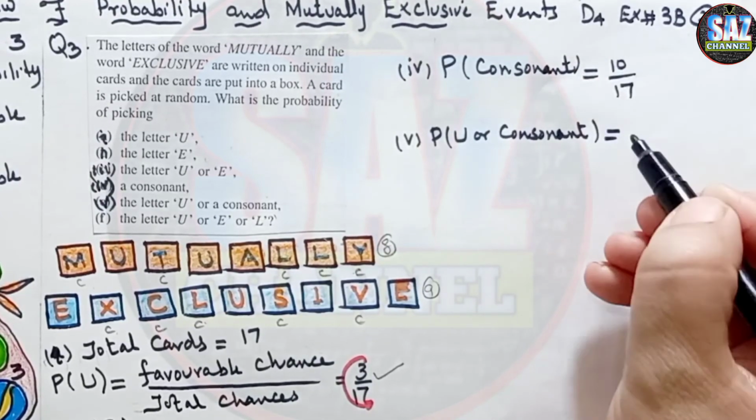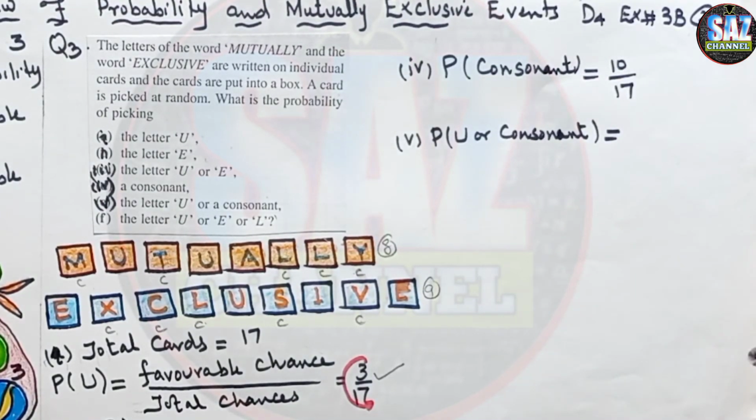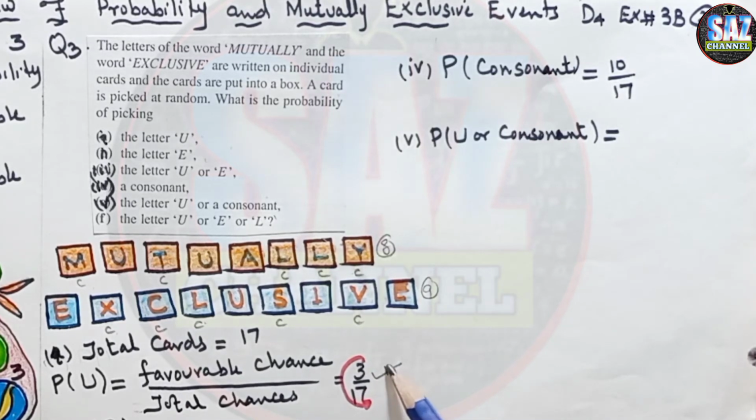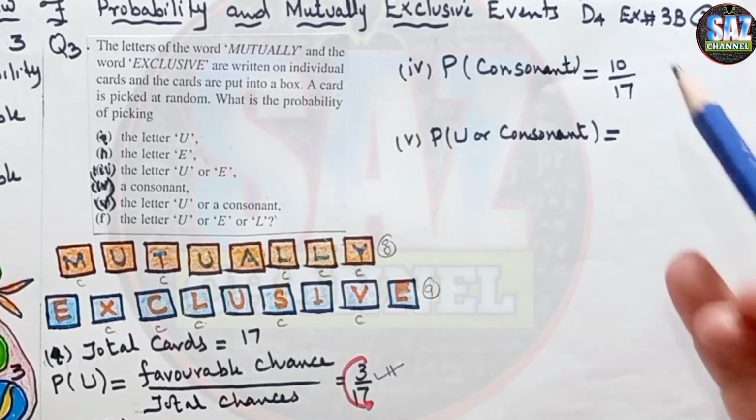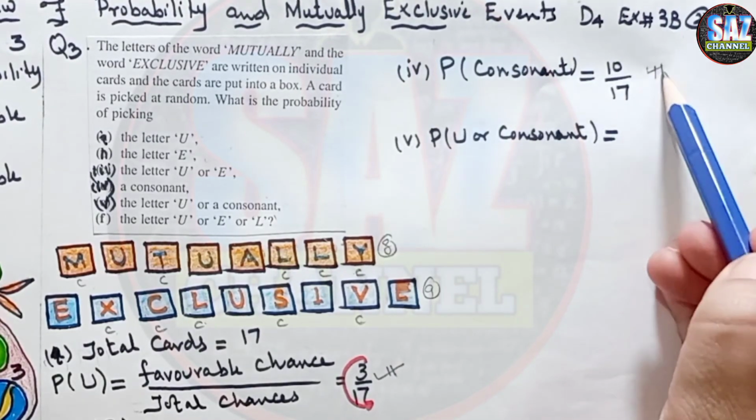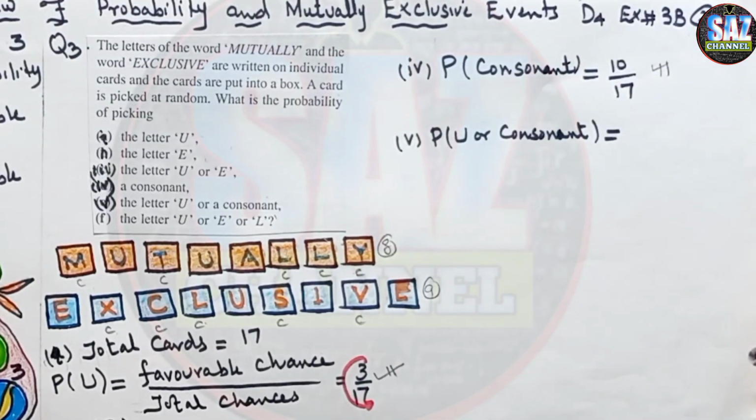Now look, we have the answer of the choices for picking up letter U in the previous part, and the probability for the consonant is also with us. So if you have the answers in the previous part, you have to use those answers in the next working.